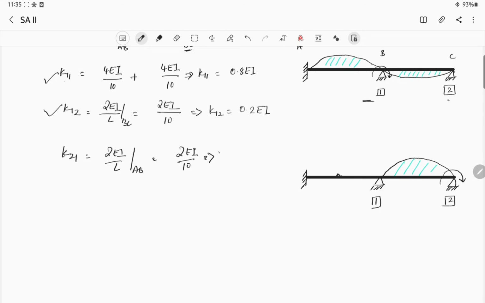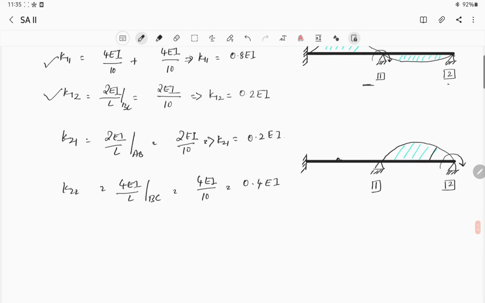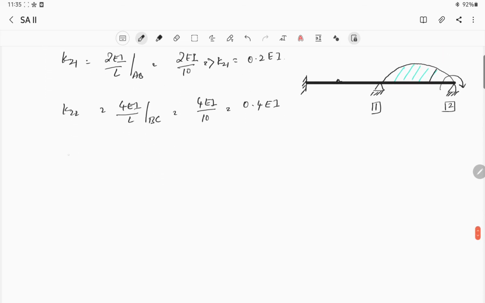We'll write here K21 is equal to 0.2 EI. What about K22? I'm rotating here now. So what happens? 4EI by L for K22, 4EI by L for span BC. So 4EI by L with L as 10 will be 0.4, right? EI, K22.